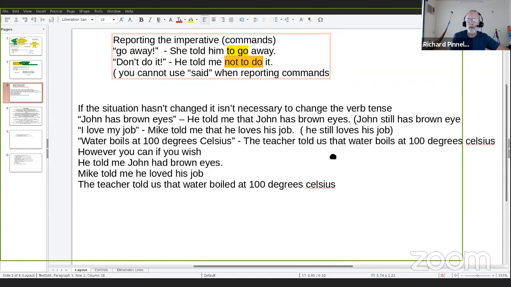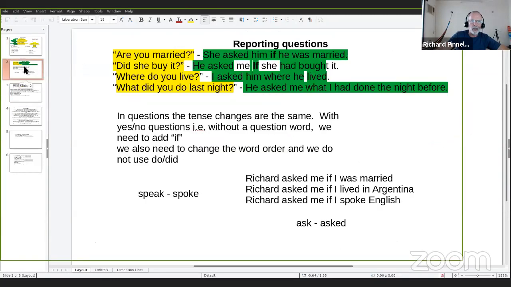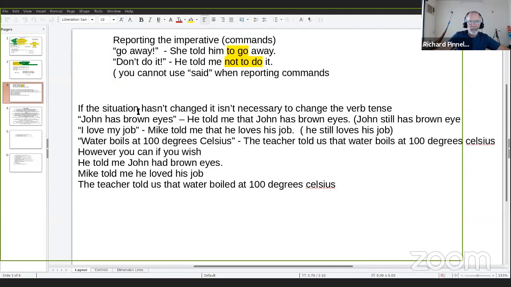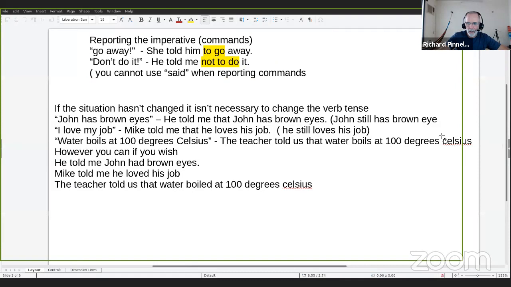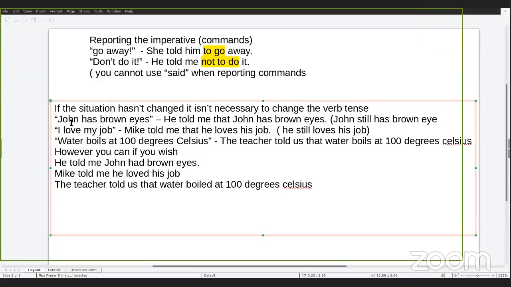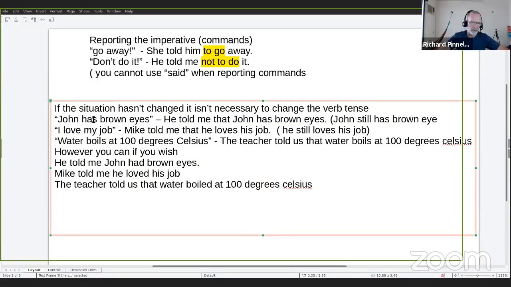Okay, one final comment. Back here, I told you that you need to make these tense changes. But if the situation hasn't changed, it isn't necessary to change the verb tense. So I've got some examples. For example, John has brown eyes.